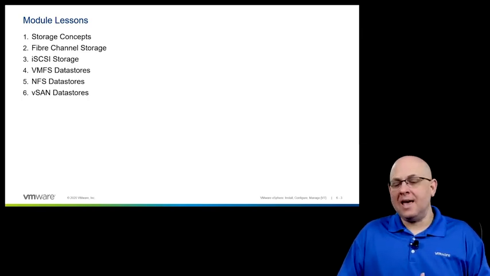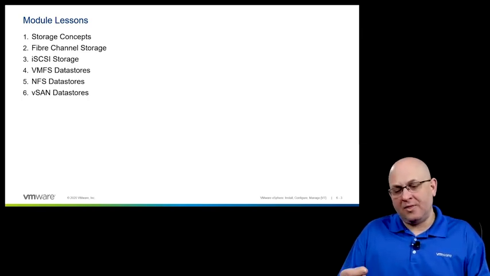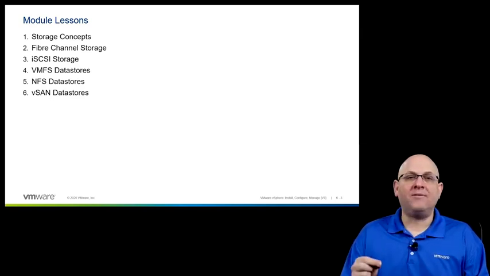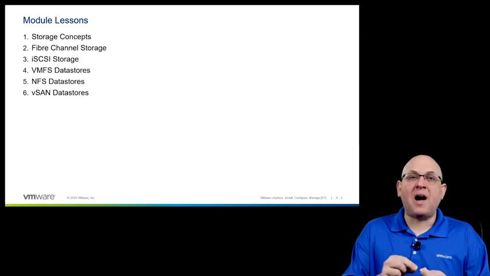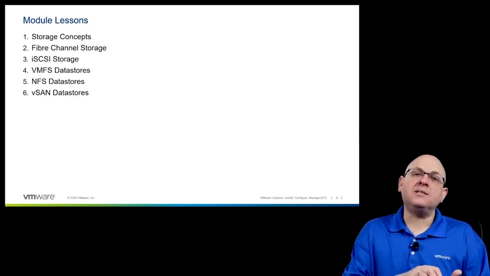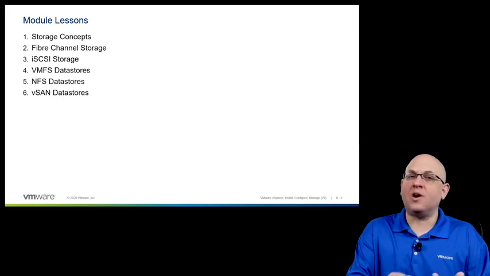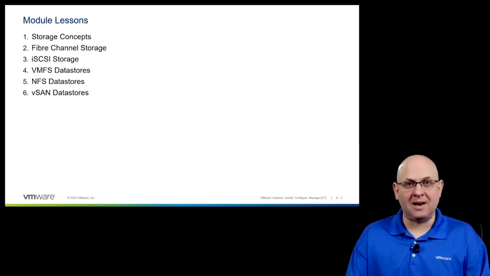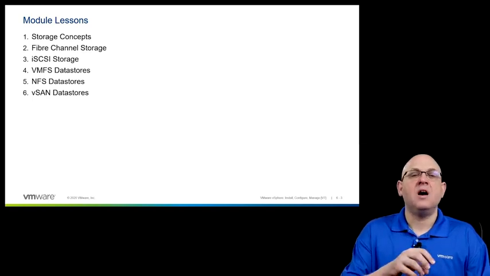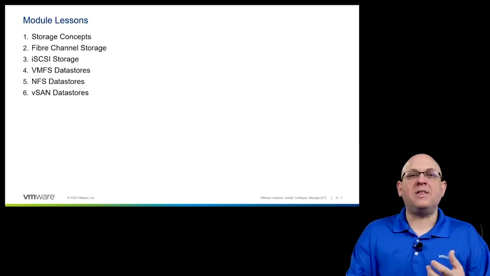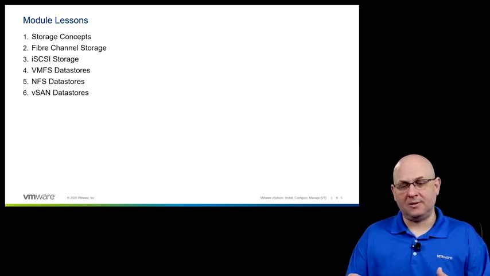And then in lessons 2 and 3, we're going to look at block level storage. That's fiber channel storage and iSCSI storage, where ESXi has access over a network of some sort, fiber channel or IP-based network in the case of iSCSI, to LUNs that we then format as data stores.